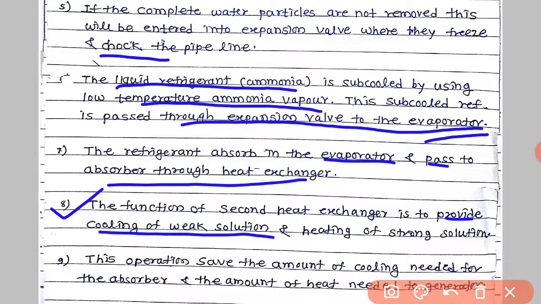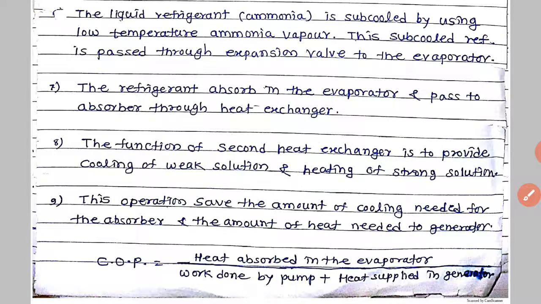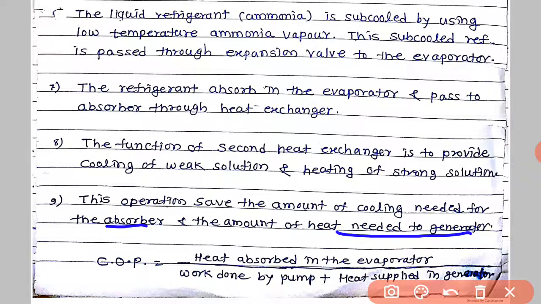This solution is passed to the generator through the pump and through the heat exchanger. The heat exchanger heats the strong solution before it passes to the generator. This operation saves the amount of cooling needed for the absorber and the amount of heat needed for the generator. So this is an energy saving system.